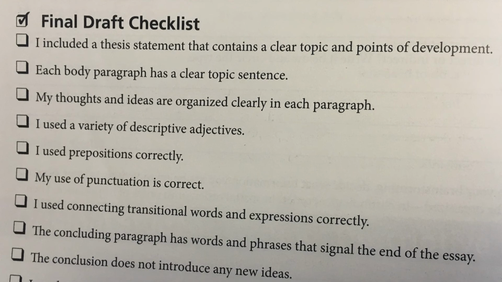I used a variety of descriptive adjectives. I used prepositions correctly. My use of punctuation is correct. I used connecting transitional words and expressions correctly. The concluding paragraph has words and phrases that signal the end of the essay. The conclusion does not introduce any new ideas.